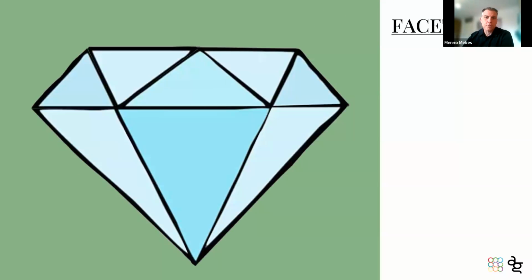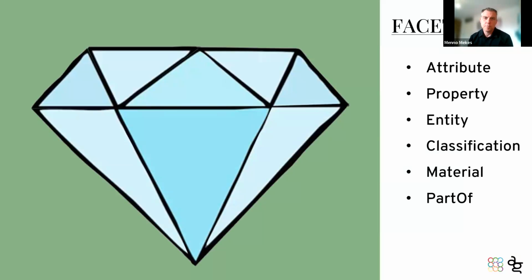Well, diamonds, of course. And every facet is one shiny side of the same rock. Same for the facets of IDS. Diamonds have a lot, IDS only has six: attribute, property, entity, classification, material, and part of.